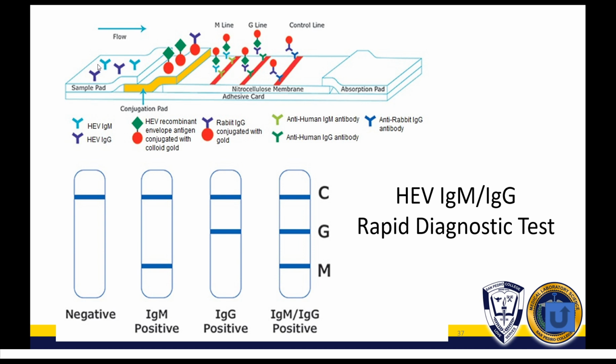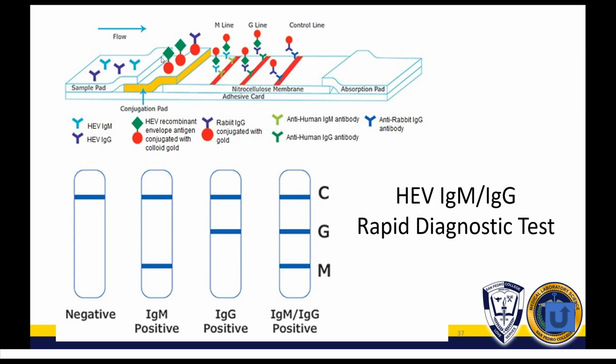If the patient has IgM, it will bind to the antigen. If the patient has IgG, it will also bind to the antigen. If negative, meaning there is no antibody in the patient's sample, nothing will bind to the antigen. But if, for example, the patient has IgM, this IgM will bind to the antigen.